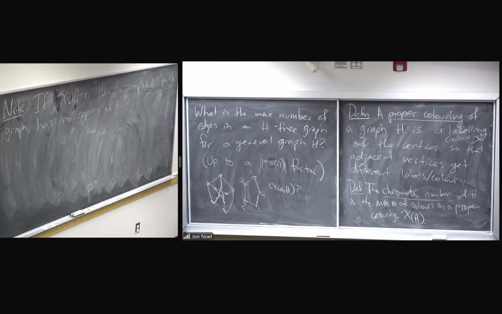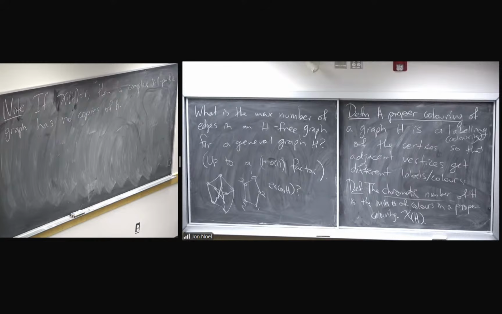The reason is, for the complete r minus 1 partite graph, I could color each part with a color. That's r minus 1 colors. And if there's a copy of H, that coloring would also color the copy of H with r minus 1 colors.